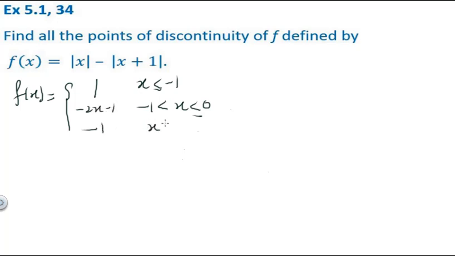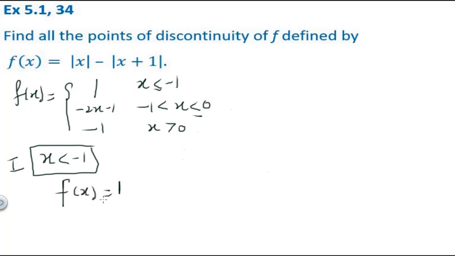And for x greater than 0, we are getting minus 1. Now for x less than minus 1, the very first case, the function is 1. Being a constant function, it is continuous.